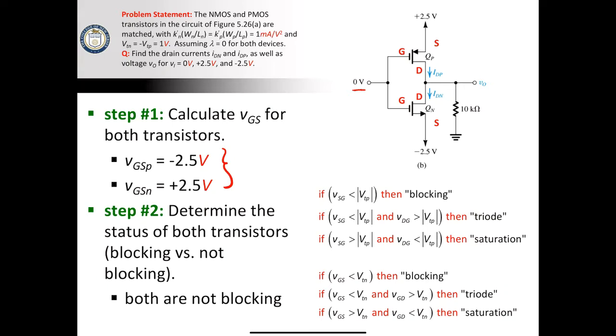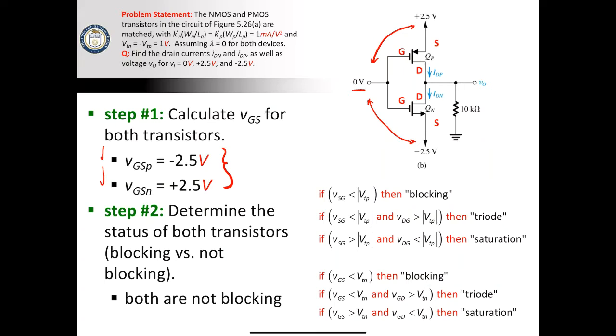Okay, if the transistors are matched, actually, it tells us right off the bat because we can see here this voltage VGS is 2.5 volts. This voltage VGS is negative 2.5 volts. So both of these values come directly from the figure.